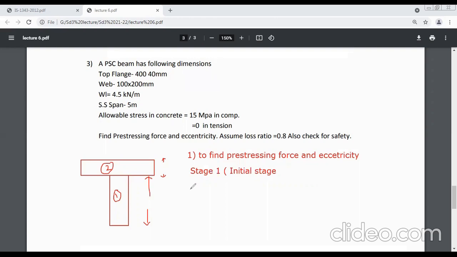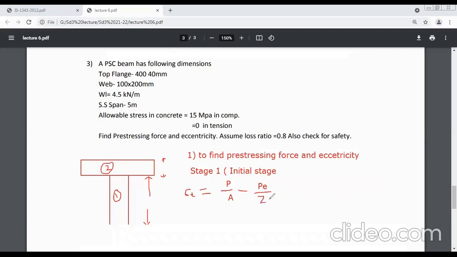We know the formula. First of all, calculate sigma top. Sigma t is equal to P by A, minus PE divided by ZT.